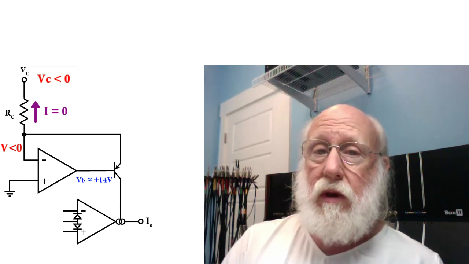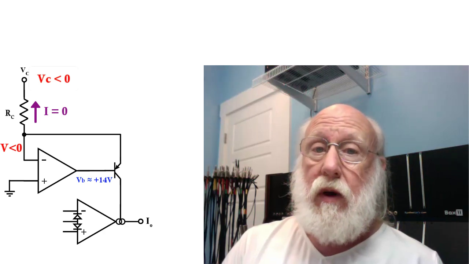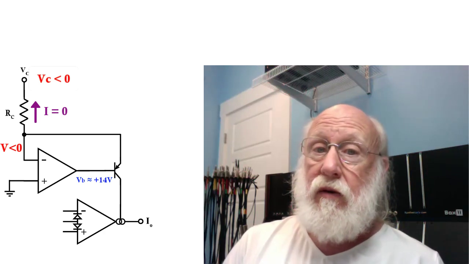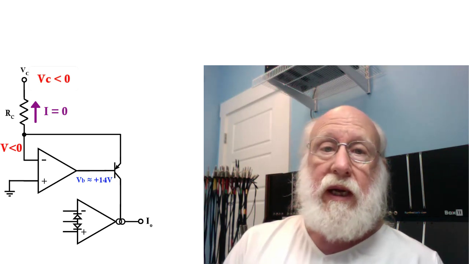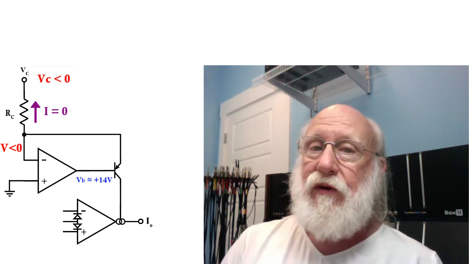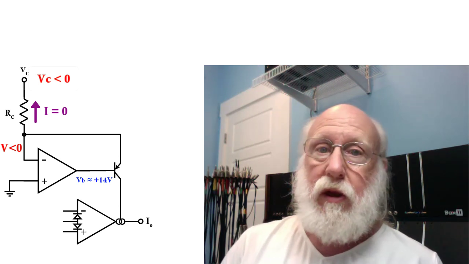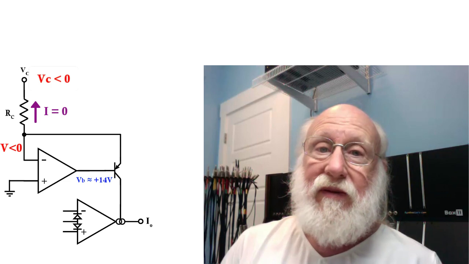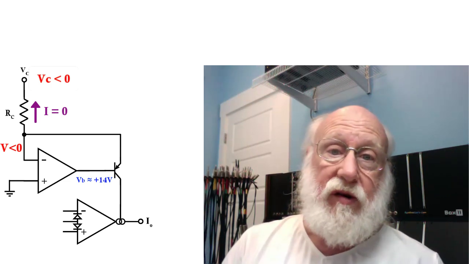One thing to note here is that we may want that current to go to 0 to make the gain of the OTA go to 0, and that means we've got to bring that control voltage down to 0, and it's really difficult with a variable voltage to get it exactly 0 volts, so you're likely to go slightly negative, so you're likely for that op amp to go into positive saturation.